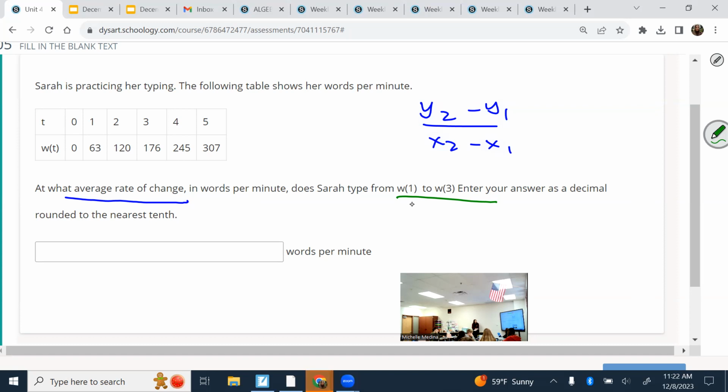Our input. So they want to know from where the input is 1 to where the input is 3, what's my average rate of change? So you have to know what part of the table or graph or whatever coordinates that you need to look at. So I need to look from these 2 coordinates.